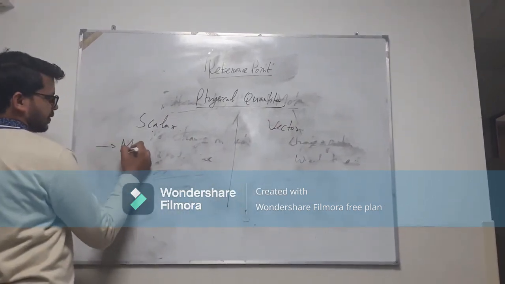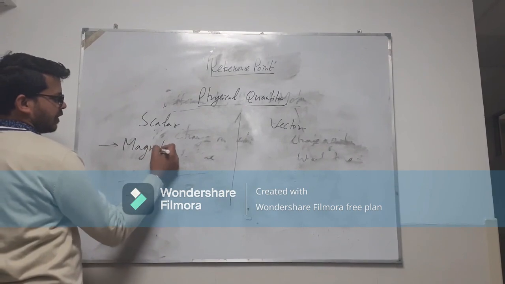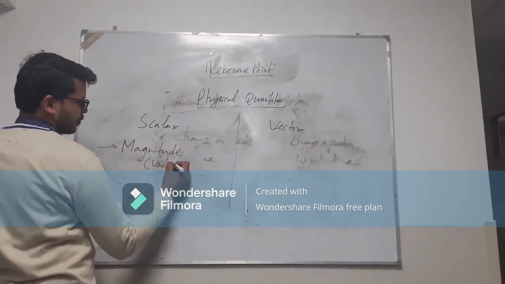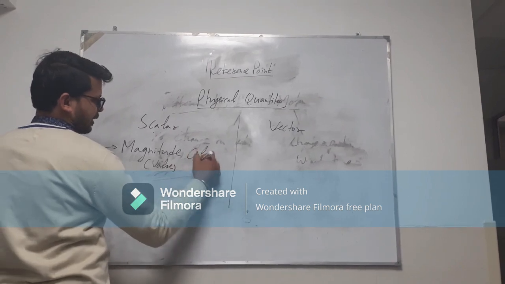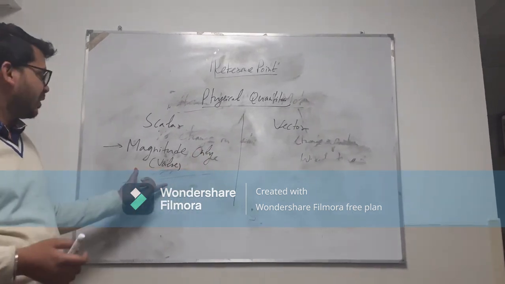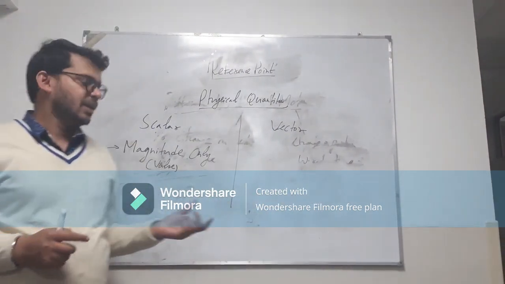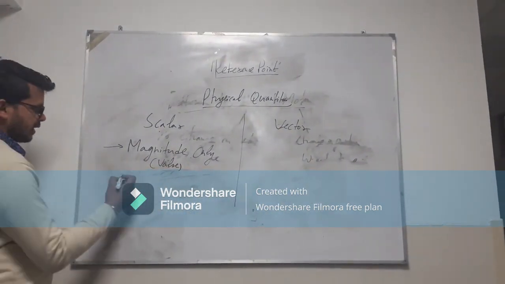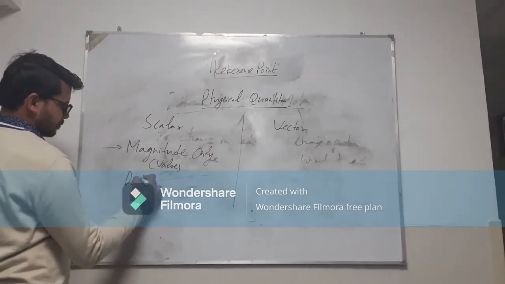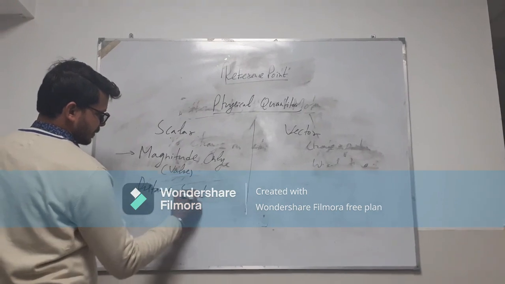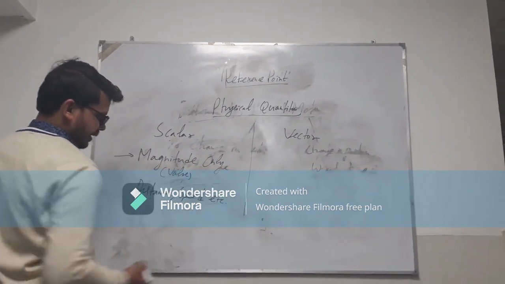To define a scalar quantity we need only magnitude, that is, only value. If we need only magnitude to define any quantity and no other thing, that is a scalar quantity, like distance, speed, etc. These are scalar quantities.